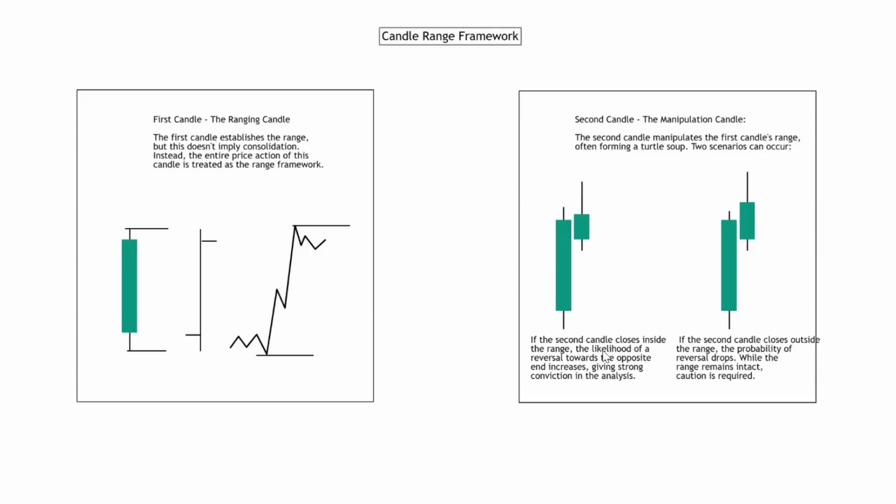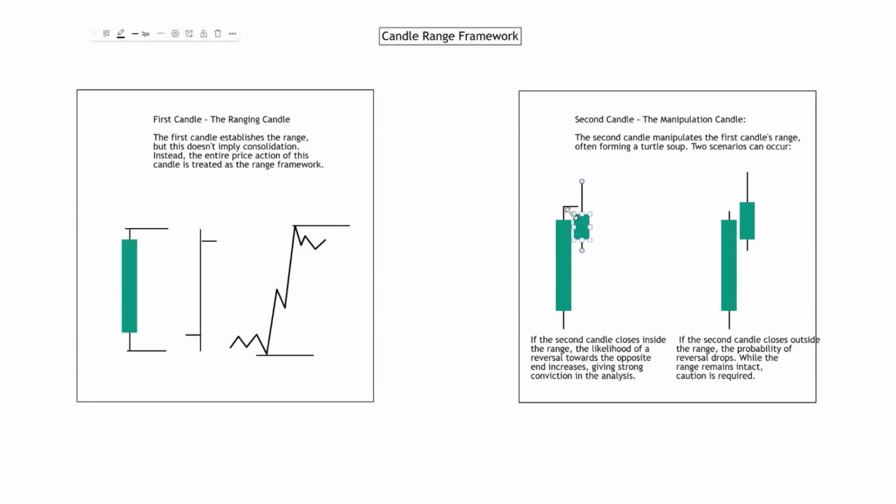Now, if the second candle closes inside the range, the likelihood of a reversal towards the opposite end increases, giving strong conviction in the analysis. Now, if you look closely on this particular chart, you see this is the high of the range right here. And what are you going to notice? You see the second candle moves back into the range as it sweeps liquidity with this sweep we have right here. What else did it do?